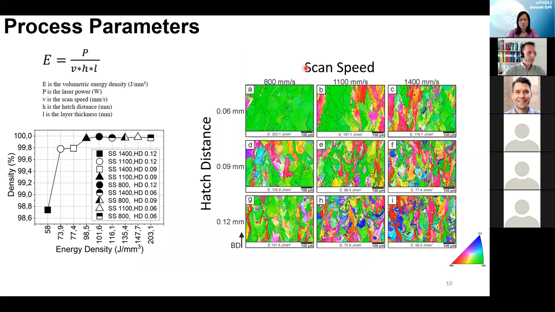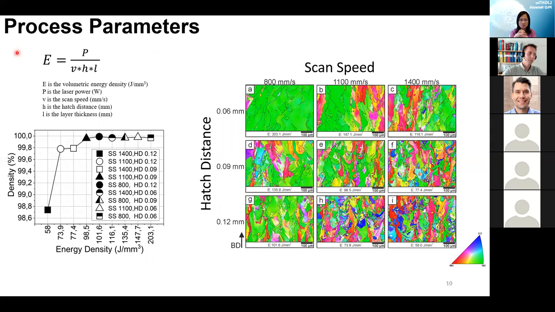So one way to do that is to change the process parameters. And changing the process parameters will mainly affect the build speed, which is the limiting factor. We're talking about a very slow process. So if we can increase the build speed, then we can reduce the cost and also produce more parts per year, for example.